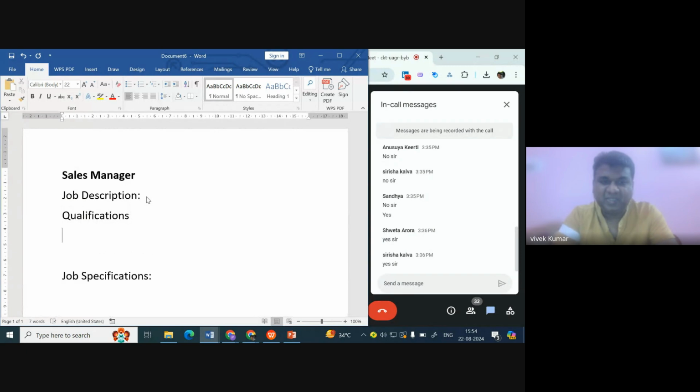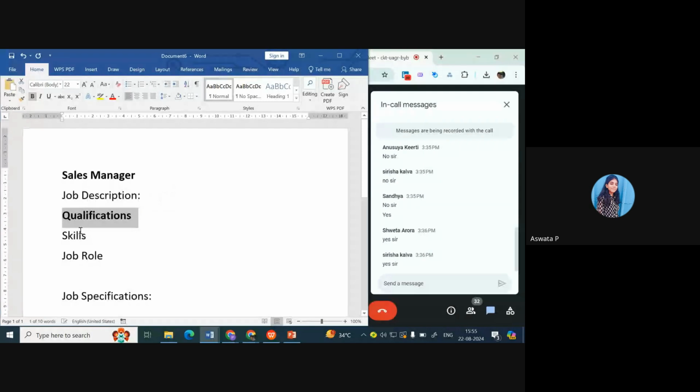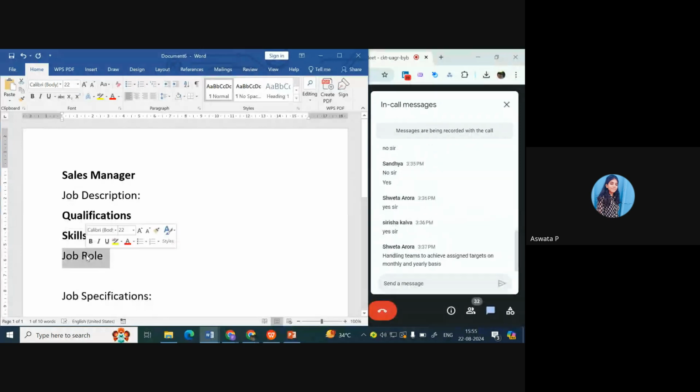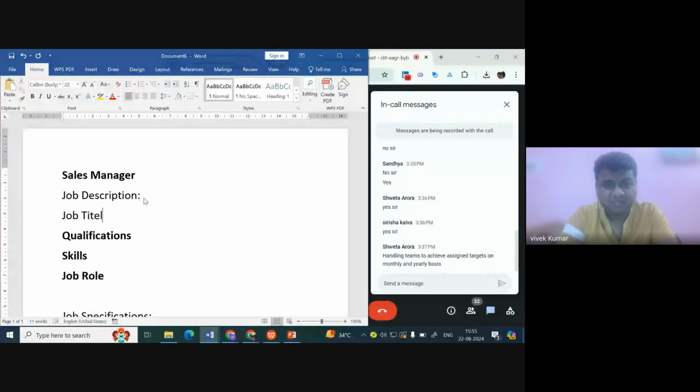Okay, shall we put it like qualifications, maybe skills, job role? So I'll give you the headers: the job title, the location they are going to work, their duties they have to follow as a sales manager. And location would be in another.